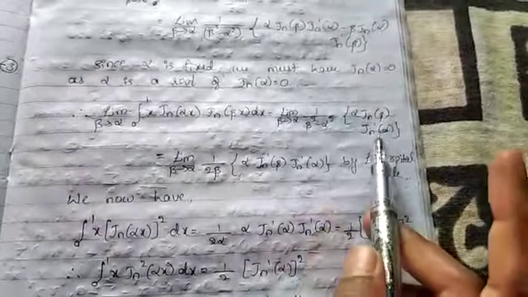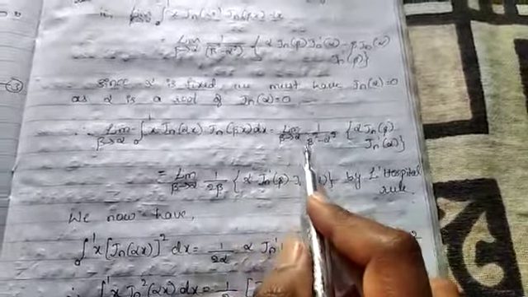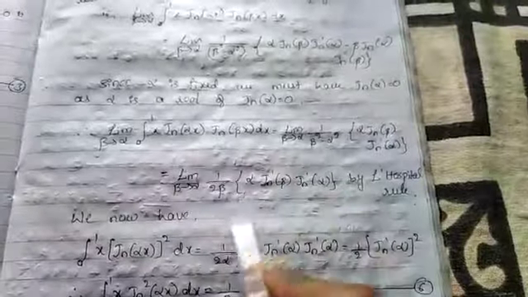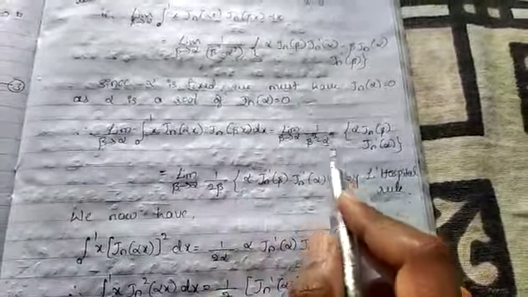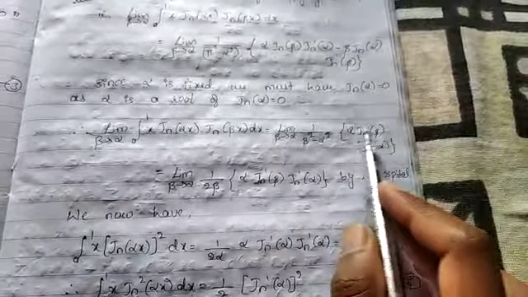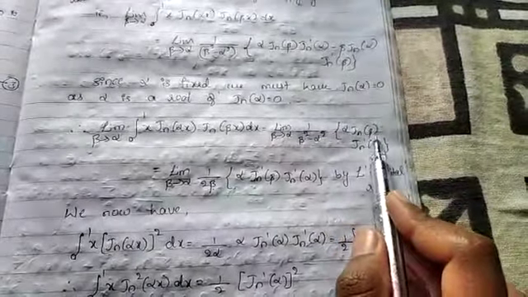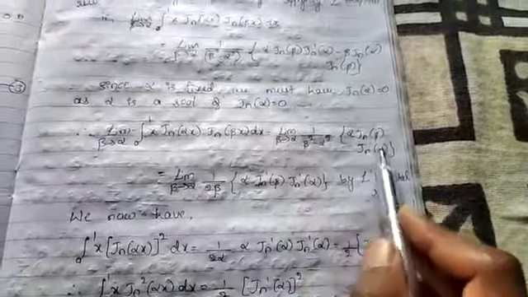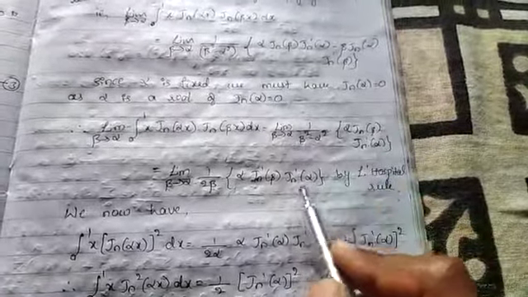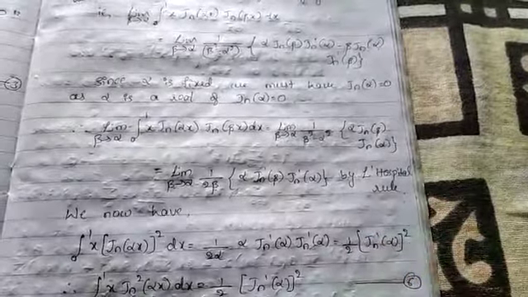Alpha square is a constant because alpha is fixed, so we only differentiate beta square. The differentiation of beta square is 2 beta, and the differentiation of alpha square is 0. Then differentiating the numerator, alpha into Jn of beta becomes Jn dash of beta, and Jn dash of alpha remains the same because alpha is a constant.